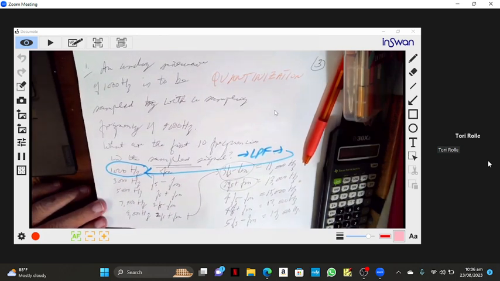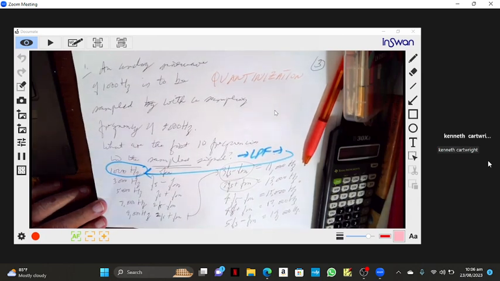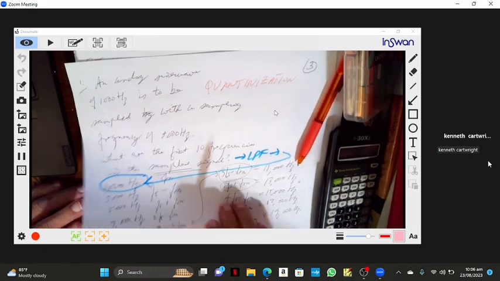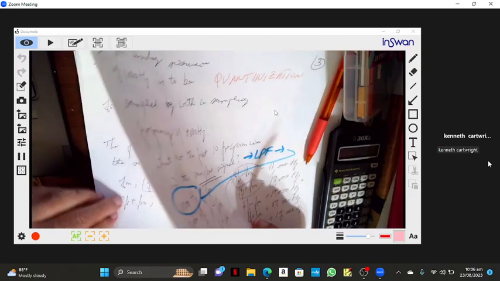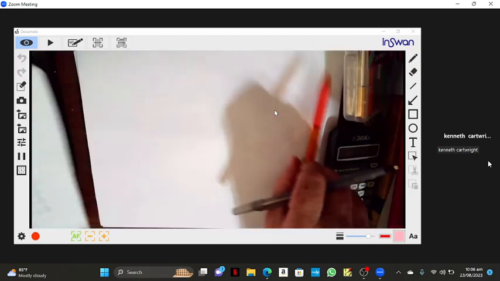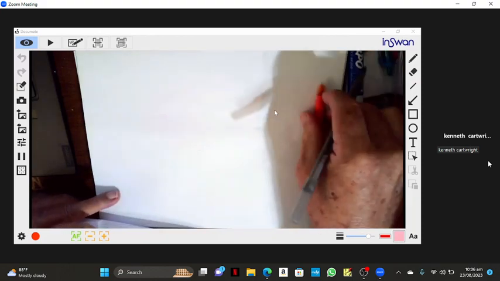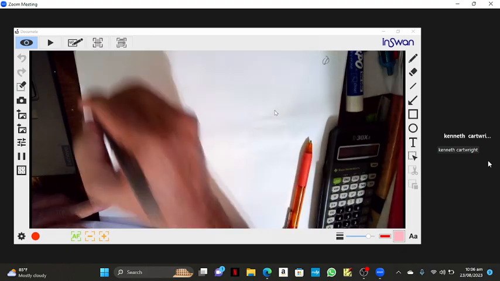How much amplitude would we change? One, less than two.